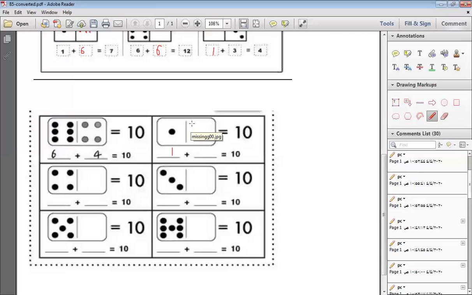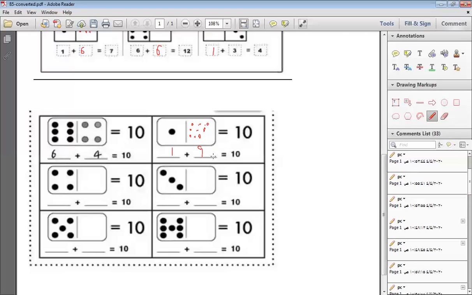So let's draw, and while drawing we will count 1, then 2, 3, 4, 5, 6, 7, 8, 9, and 10. Okay, let's count the red dots. 1, 2, 3, 4, 5, 6, 7, 8, 9. So 1 plus 9 equals 10.